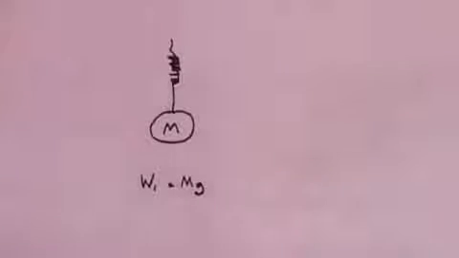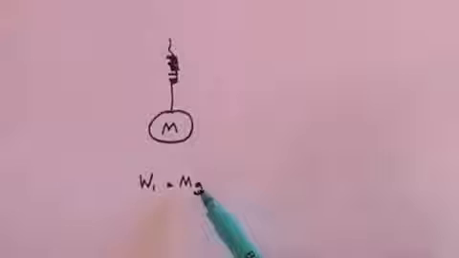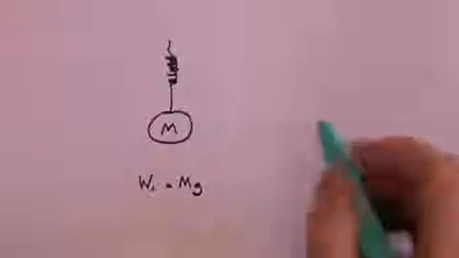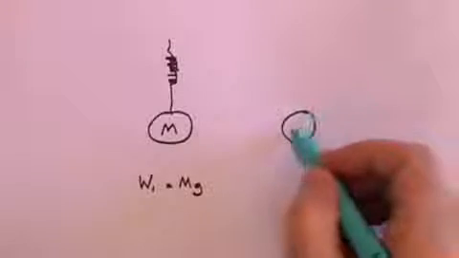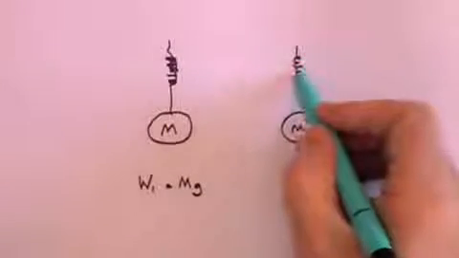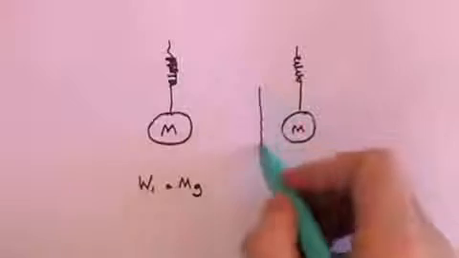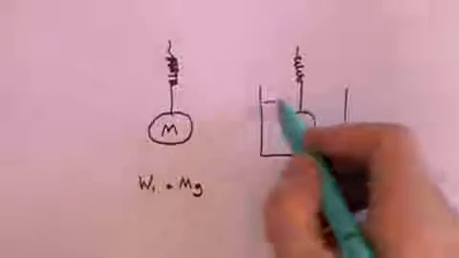Mass is always constant, but weight varies according to the gravitational attraction. You would weigh much less on the moon, not because your mass changes, but because the gravity on the moon is much less. Now let's take this selfsame mass on the spring balance, measuring its weight, but this time we're going to immerse it in a fluid.